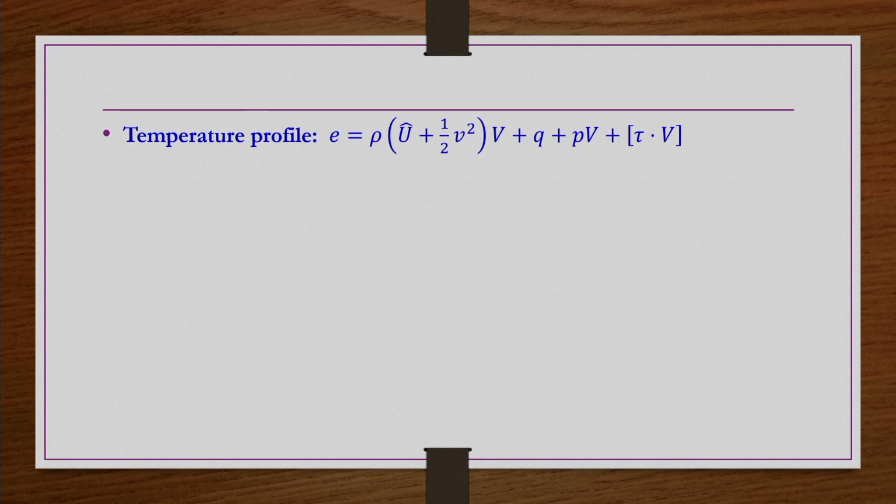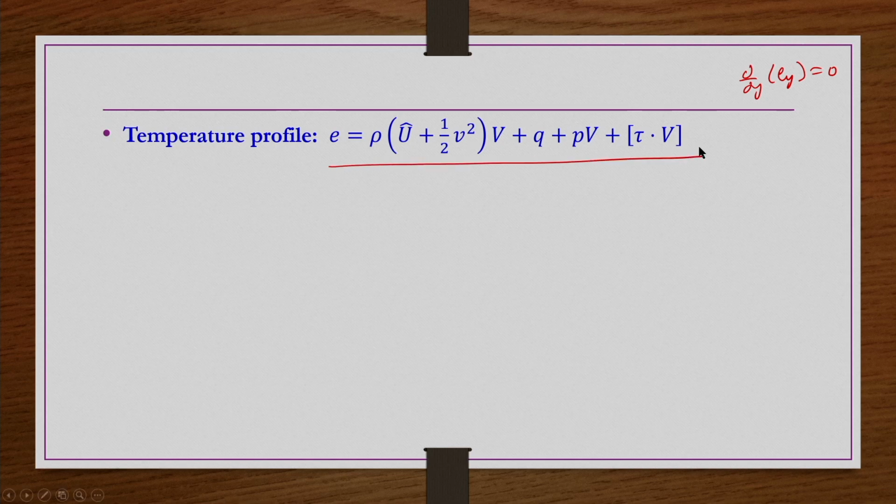Now we try to get the temperature profile. What we got by simplifying the energy equation is ∂/∂y of ey equals 0. But what is that ey, we have not simplified in that slide, so we are doing that here.